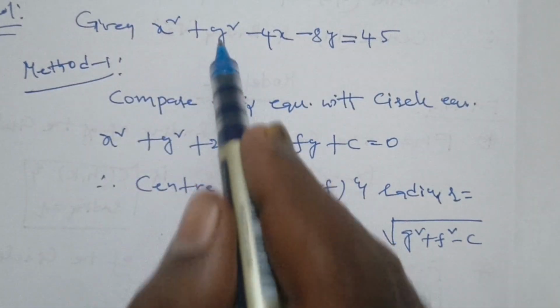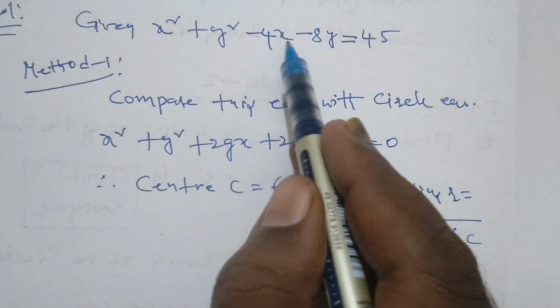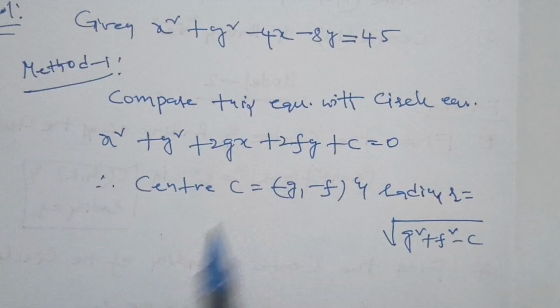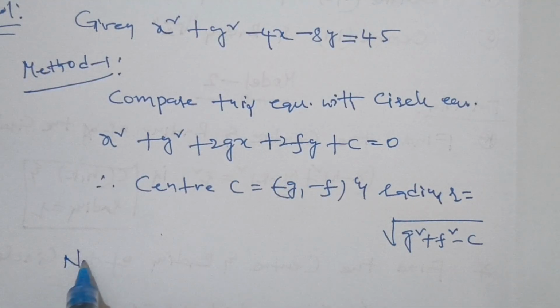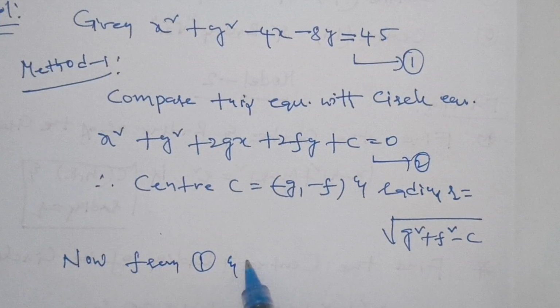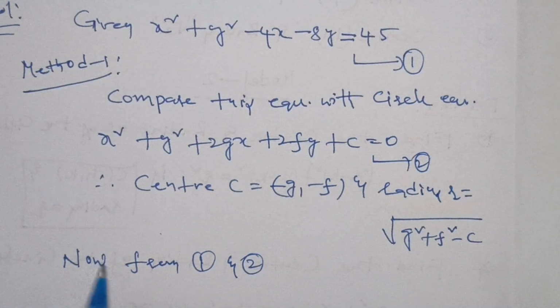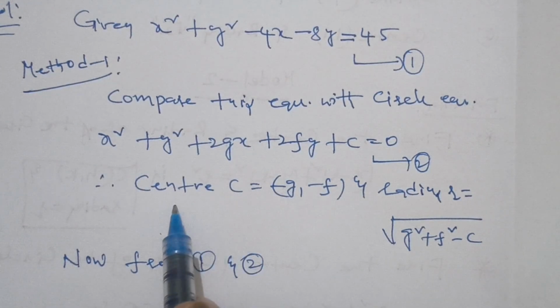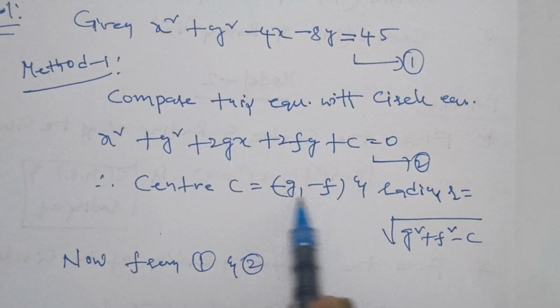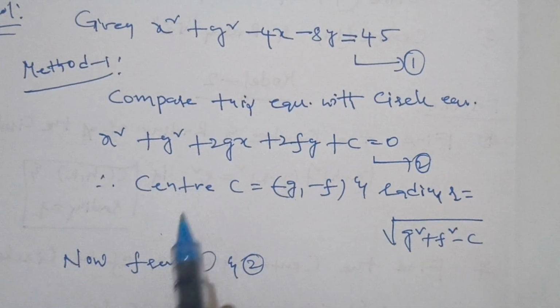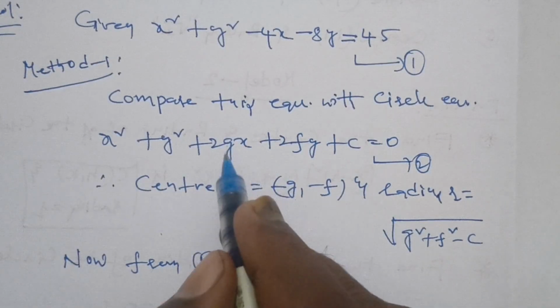This is based on the second formula. Here we compare the given circle equation with this general form. So from equation 1 and 2, to find the center and radius, we need to first find the g, f, c values.